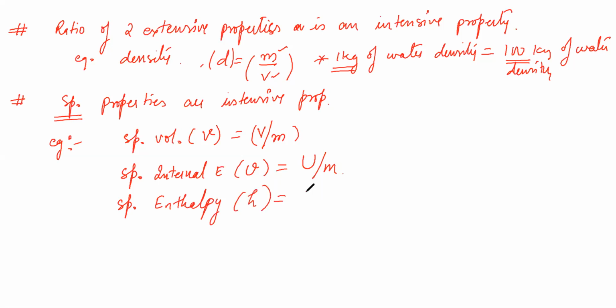It is defined as this one. Similarly, specific entropy, which is again defined as S by N, right? So these are examples of intensive properties, which are again a ratio of two extensive properties, right?